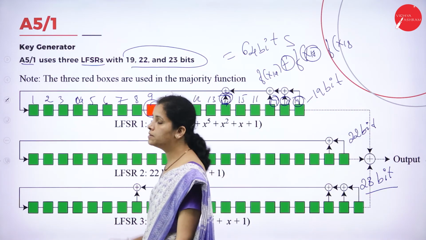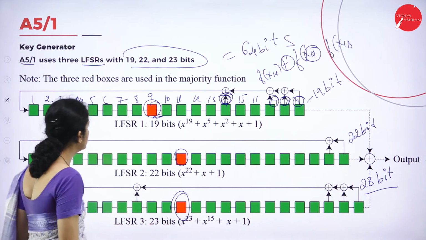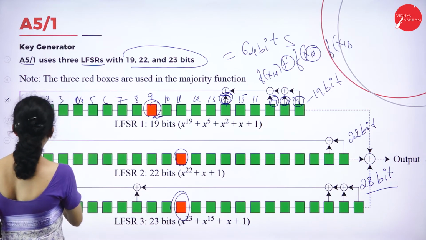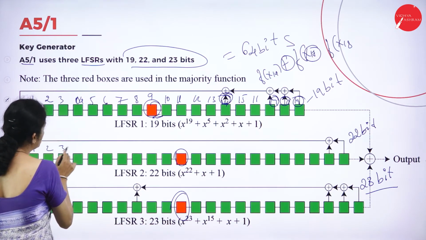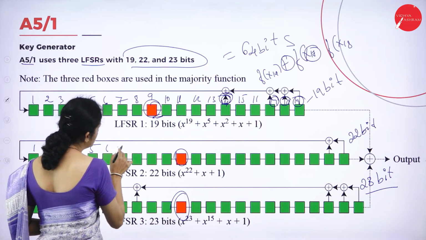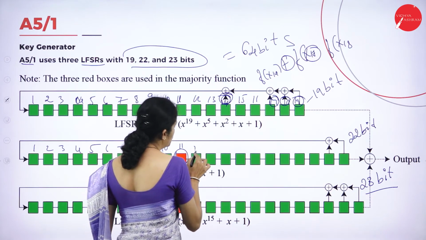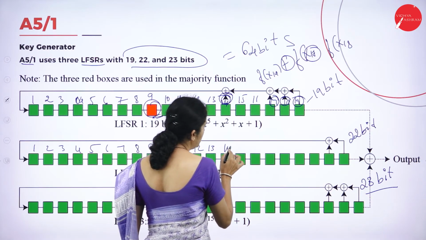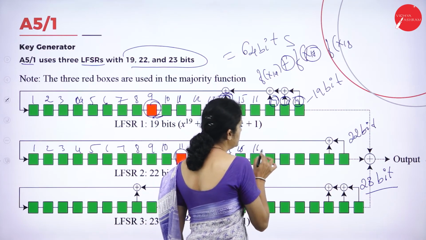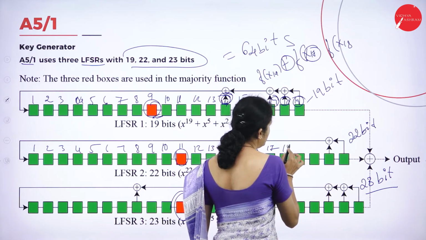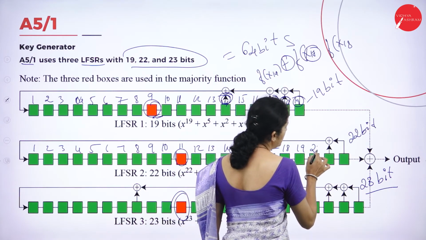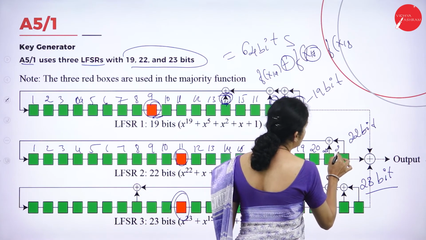And what about my clock? It is the 9th bit. If I consider the next shift register, once again I count 1, 2, 3, up to 22.